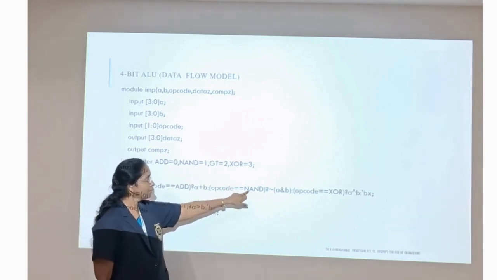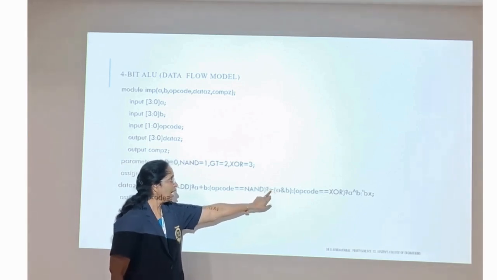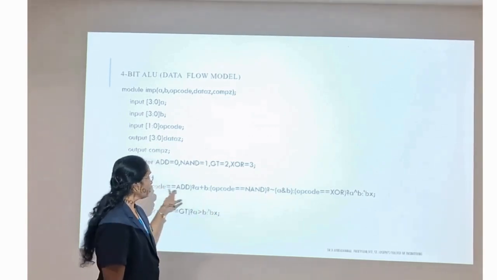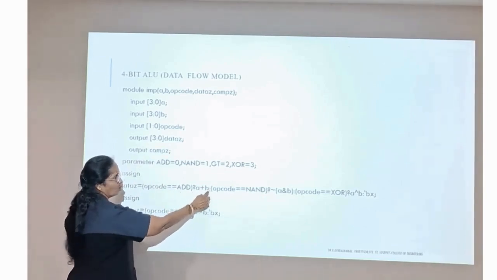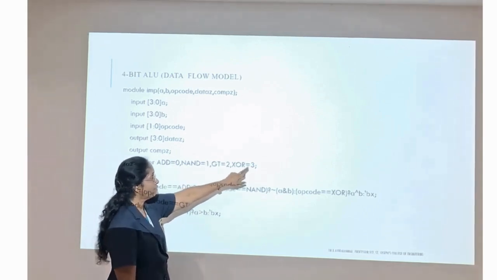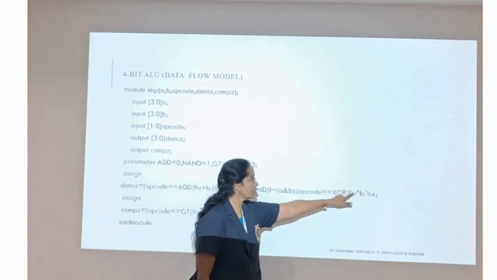NAND means this ampersand symbol indicates an AND operation, and this negation indicates the NOT. All the operations are delimited by the colon. And the third one, when the value is 3, it is going to perform our XOR operation. This is the symbol for the XOR operation.